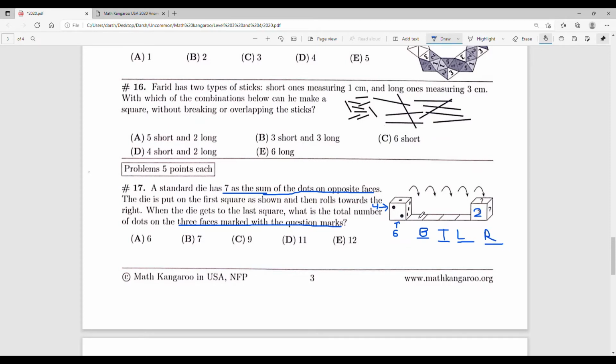So after the first turn, when we reach this one, this is number 1, the bottom will now be a 3 since it's rotating this way towards the bottom, making the 1 become the right face because it's always going to go to the next one in the pattern. So after the top comes the right, so 1 will become the right face. And then the top face, 4 will move from the left face to the top face. And finally, 6 will move from the bottom face to the left face. So now we have 3, 4, 6, and 1.